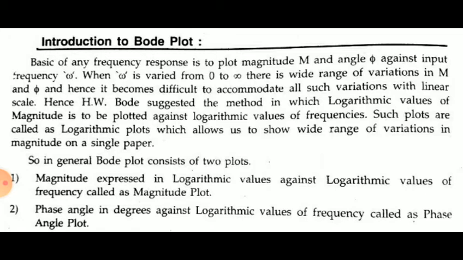So in general, a Bode plot consists of two plots. First is magnitude expressed in logarithmic values against logarithmic values of frequency, called the magnitude plot. And second, phase angle in degrees against logarithmic values of frequency, called the phase angle plot.